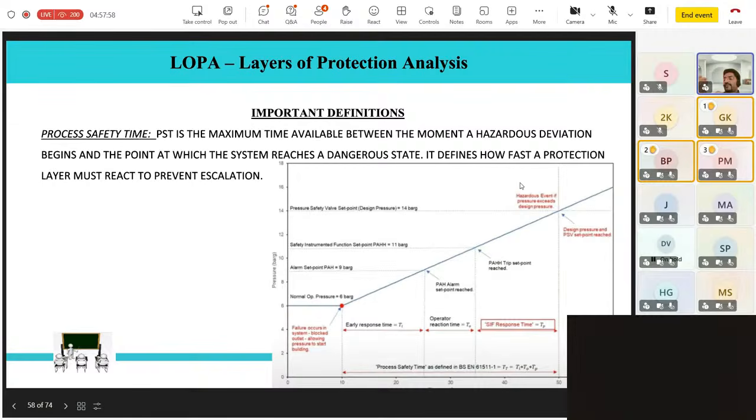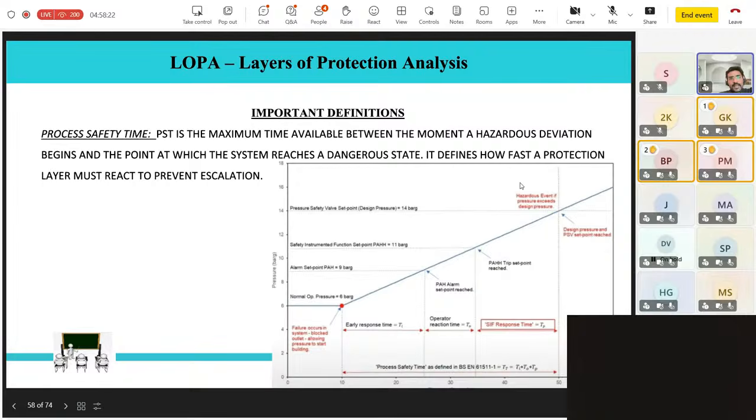Now the important fact, where I was saying the process safety time. I would request you to pay double attention to this process safety time because this is the driver, and as a designer or as a consultant, we are supposed to look at all our safeguards with regards to this process safety time. Now PST, just going by definition, I will brief you through the Excel file.